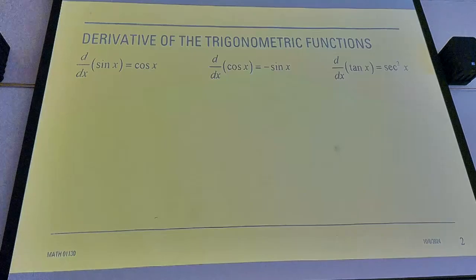Derivative of tangent is secant squared. That requires quotient rule. Derivative of cosecant is negative cosecant cotangent.